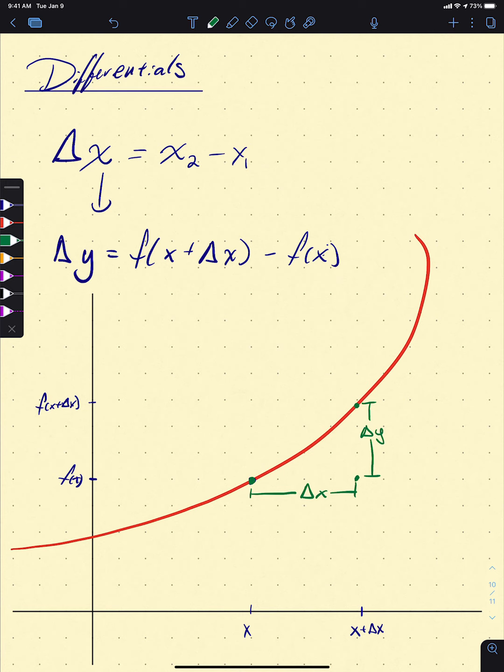In practice, if you're trying to calculate delta y, it's a little bit cumbersome. Say f of x equals x cubed, you start at x equals 2, and you have a delta x of 0.1. Then your delta y is going to be 0.120601.